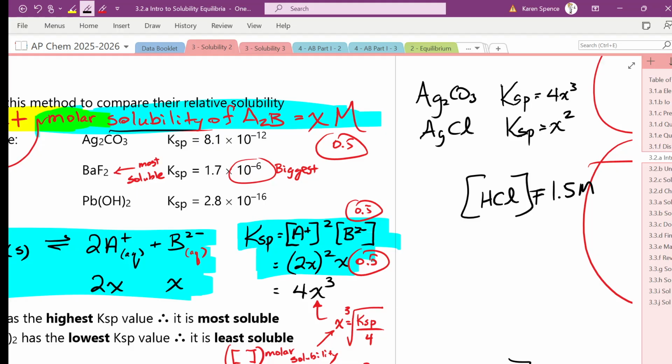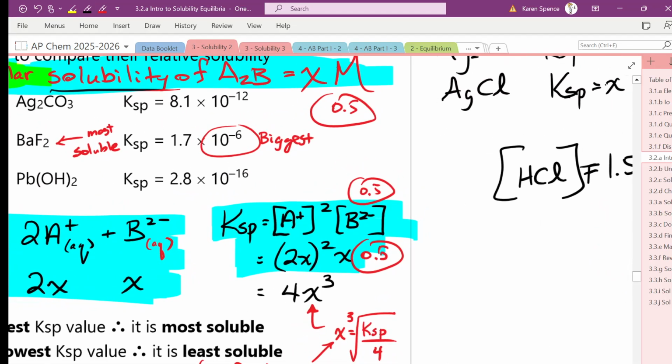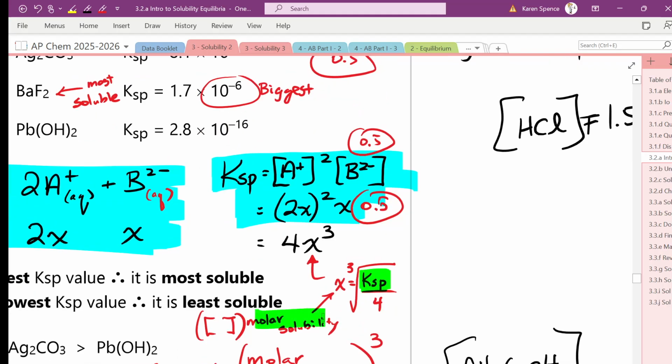So I can say for every single one of these, if KSP is bigger, then molar solubility will be bigger because I calculate them all the same way because they're all something squared times something. x squared times 2x squared times x.